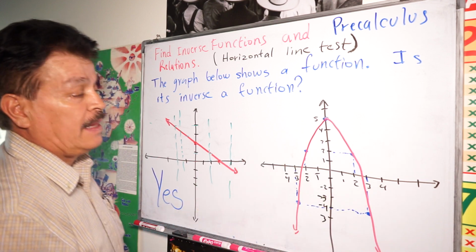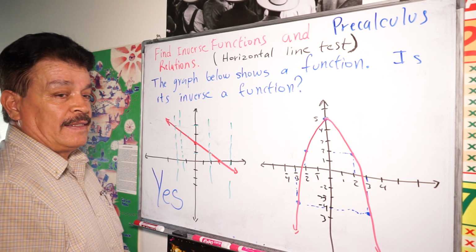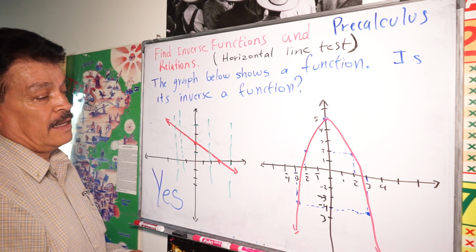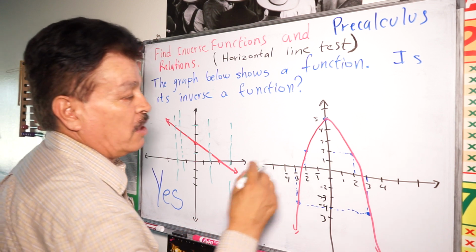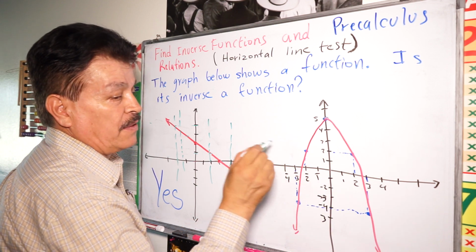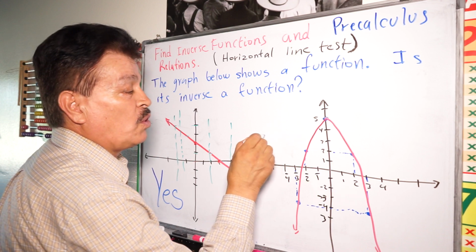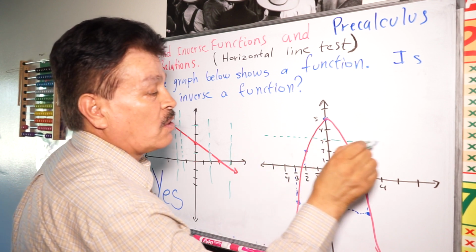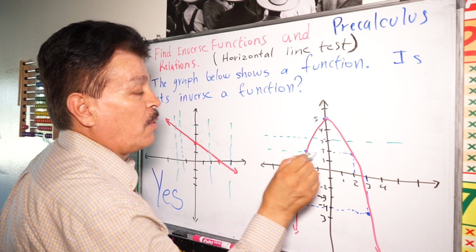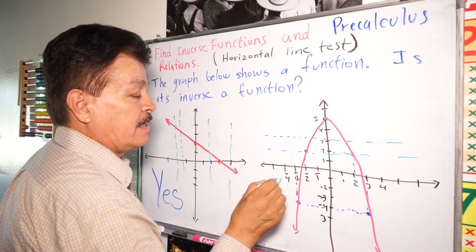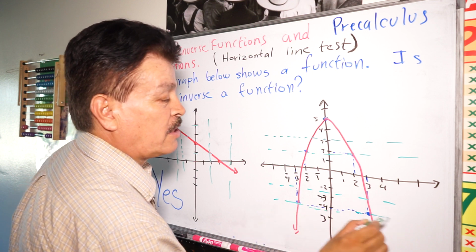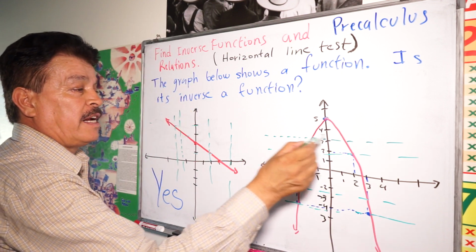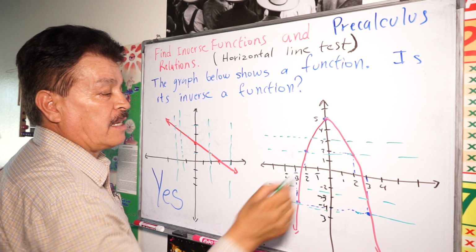Here, let's make the vertical lines or the horizontal lines. If the horizontal lines touch one or more points in the graph, see, this horizontal line touches here and here, 2 points, here and here another 2 points.